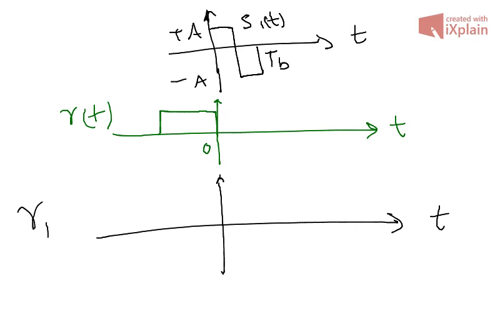Now in the lower branch, we are multiplying our received signal with S1. As long as nothing is received, at t equal to 0, we have no product, so we are here. Now I would draw it up to TB and 2 times TB.